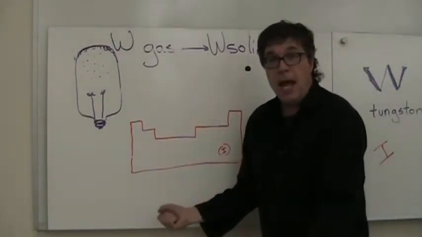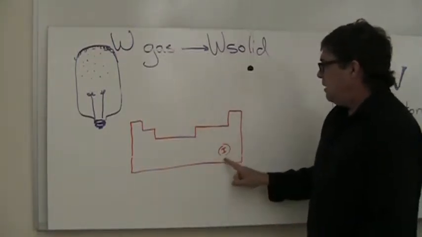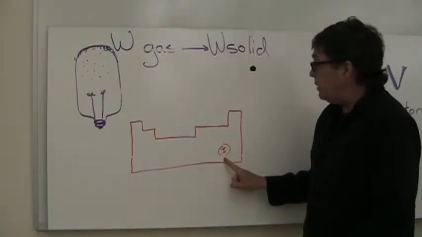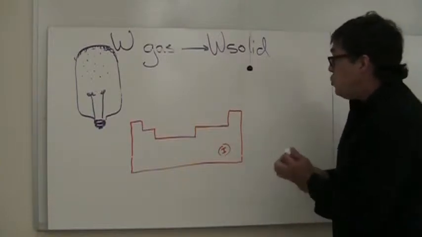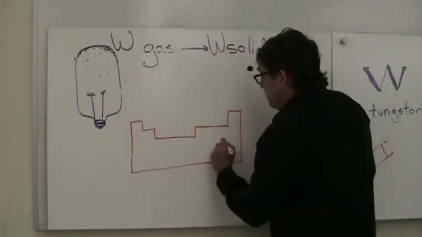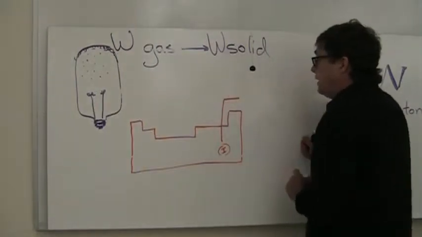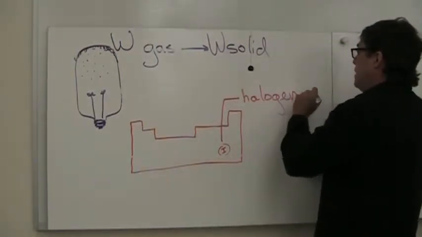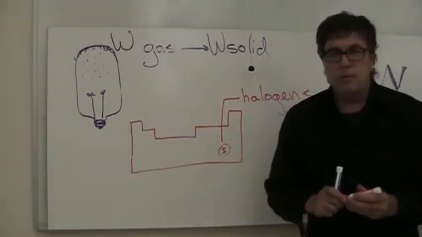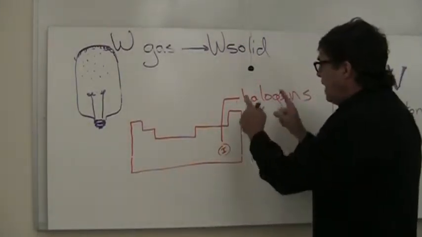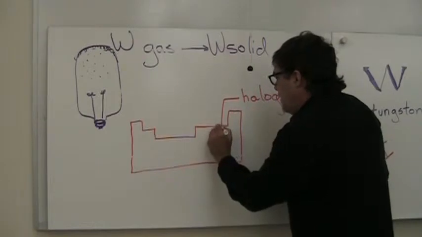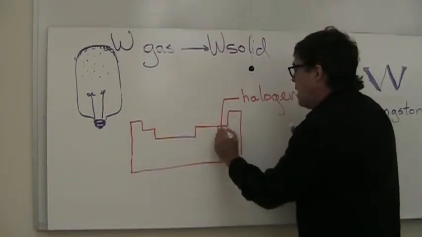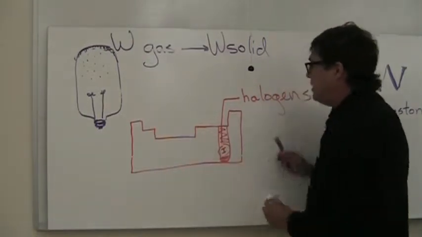So, now enter the element iodine from right about here in the periodic table. Now, you may remember that this family of elements right here has a special name. The halogens. Do you remember the halogens? Well, the halogens are these elements right in this part of the periodic table.